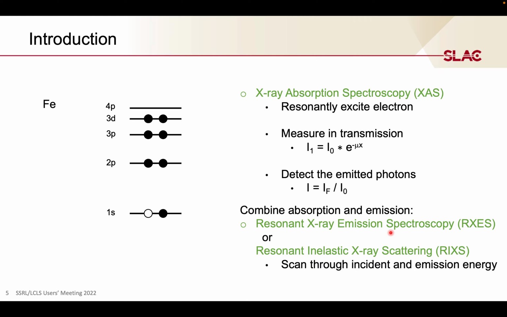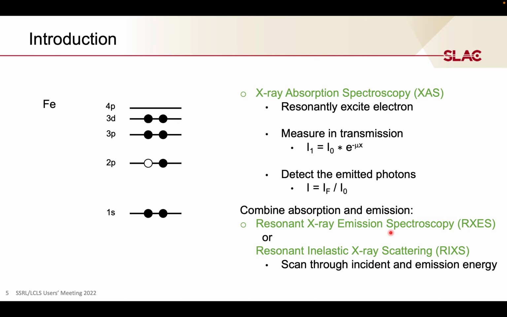X is the thickness of your sample, and mu is the energy-dependent absorption coefficient, which describes your sample. But you can also wait for the decay, like here, and then detect the emitted photon.